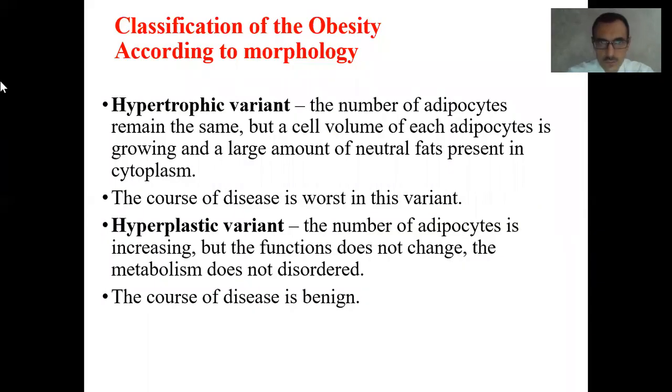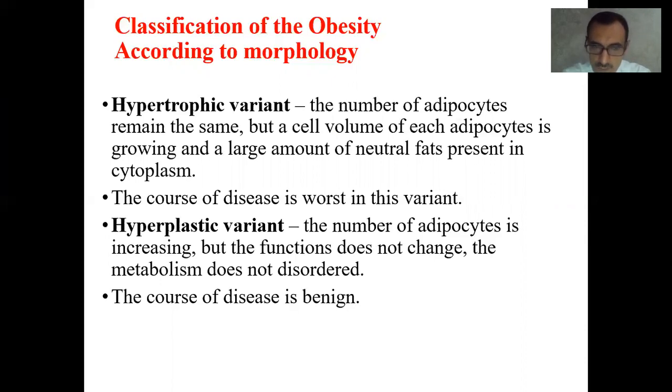According to morphology, the obesity has 2 variants: the hypertrophic variant and the hyperplastic variant. During the hypertrophic variant, the number of the adipocytes remains the same, but the cell volume of each adipocyte is growing, and a large amount of neutral fat is present in the cytoplasm.